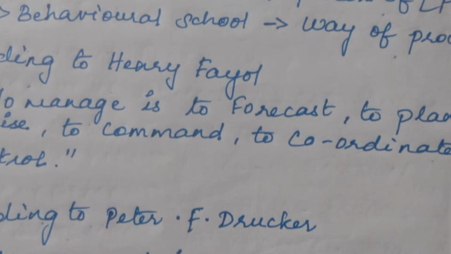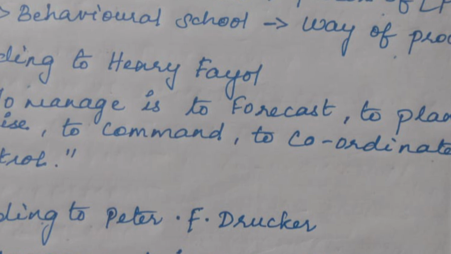Next, there are 2 types of definitions. One is the general definition, and another is the definition according to the authors. Under general definitions, we have 2 schools giving definitions.